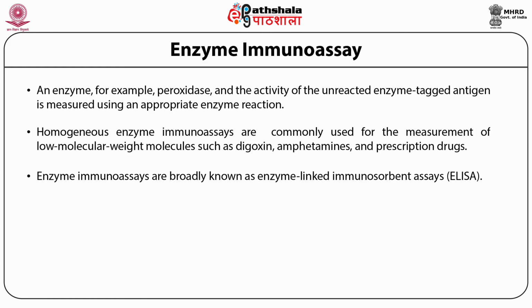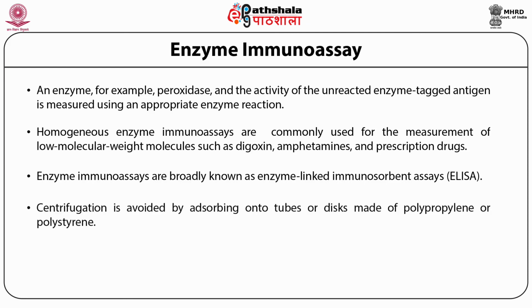These assays are conveniently performed by immobilizing the antigen or the antibody onto a solid surface such as glass or plastic particles. Centrifugation is avoided by adsorbing onto tubes or discs made of polypropylene or polystyrene. These are readily washed and they adsorb a reproducible amount of antibody or antigen.